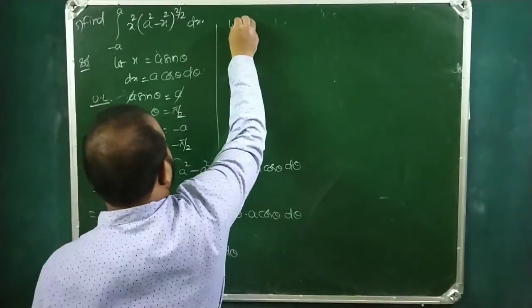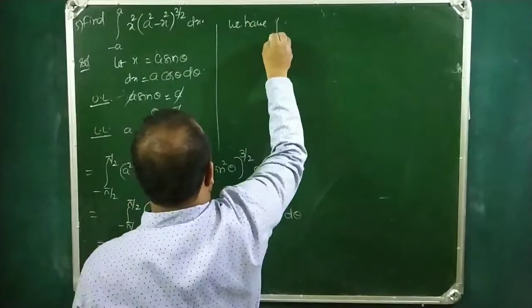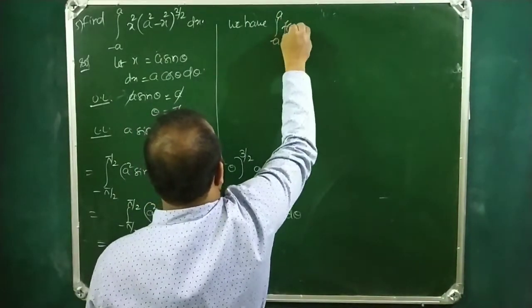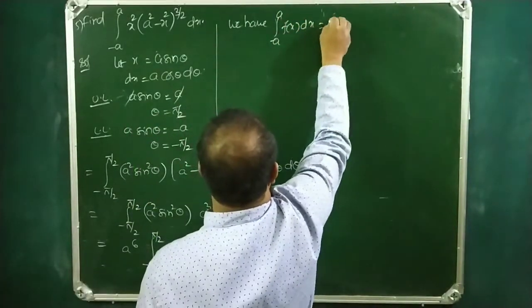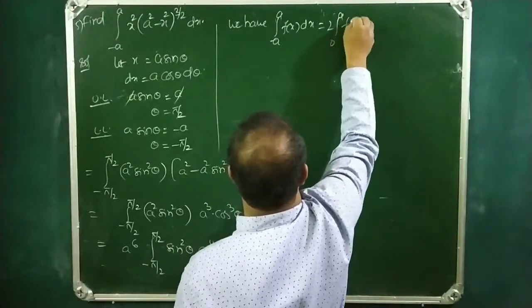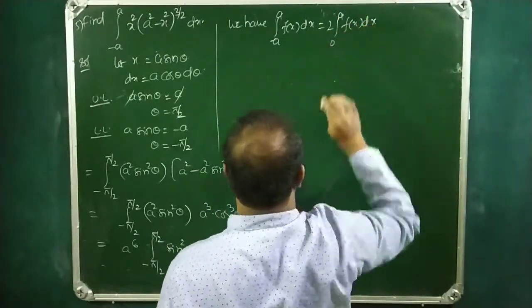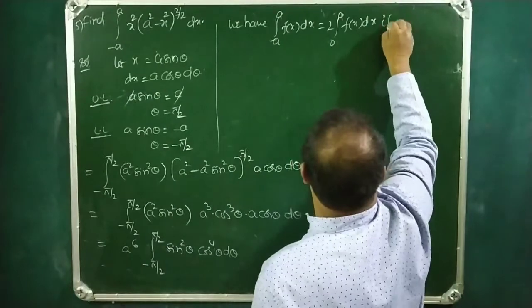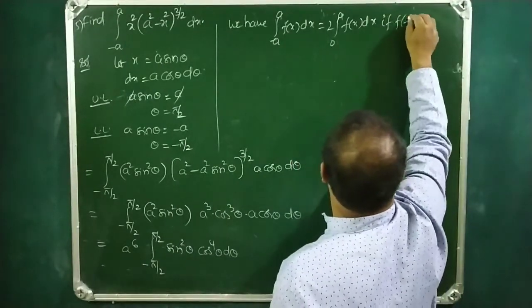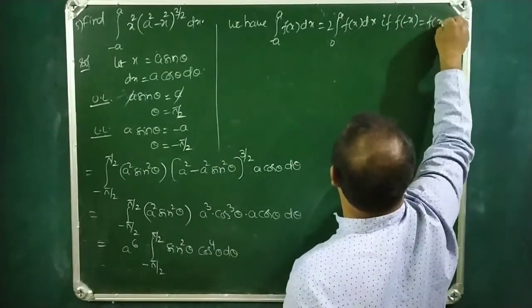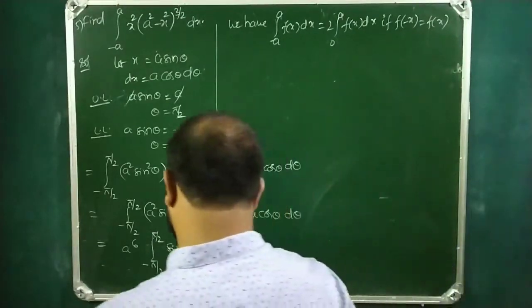We have integral minus a to a f of x dx is equal to 2 integral 0 to a f of x dx, if f of minus x is equal to f of x, an even function. Let us check it out.